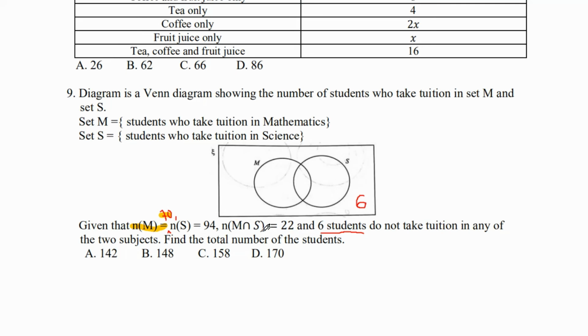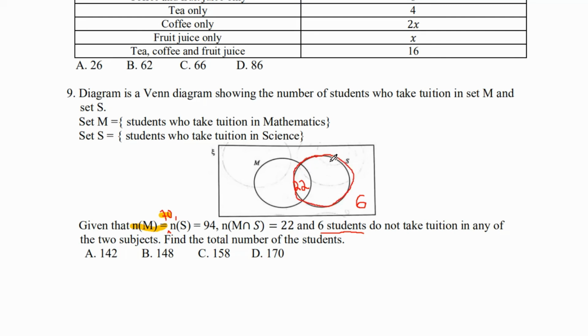Okay, M intersect X. Where's the region for M intersect X? This is the region between M and X, this one in the center. So the number of students in here is 22. And you are given the number of students who take science tuition is 94. This belongs to the big circle here, 94.